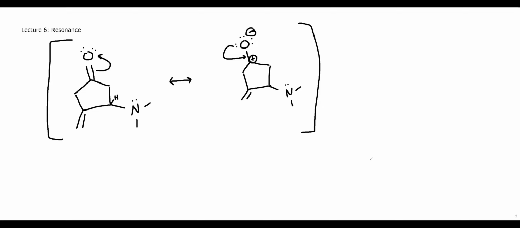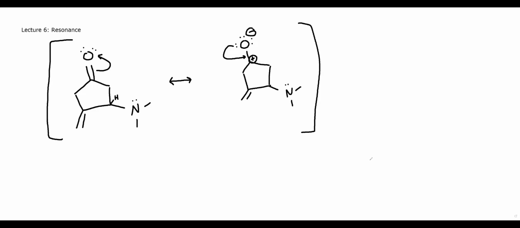So again, just to summarize everything, when we talk about resonance, we're talking about the movement of delocalized electrons, typically in p orbitals. So we're thinking lone pairs, and we're thinking pi bonds, double bonds, okay? Whenever they're in the allylic position, adjacent to each other, we have resonance, right?